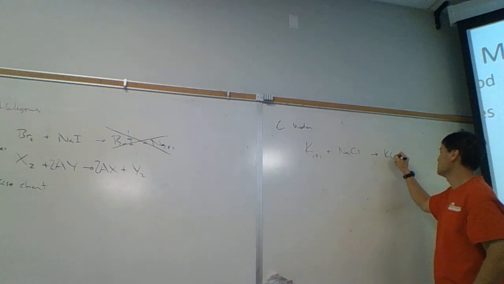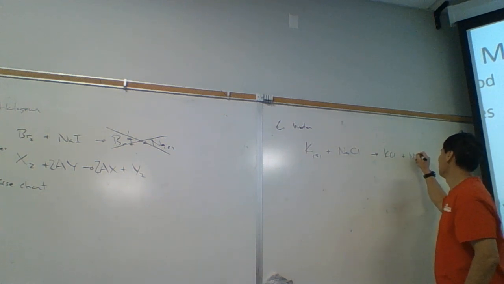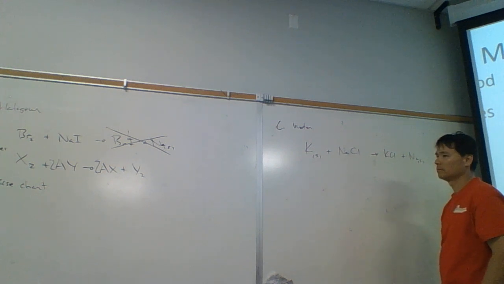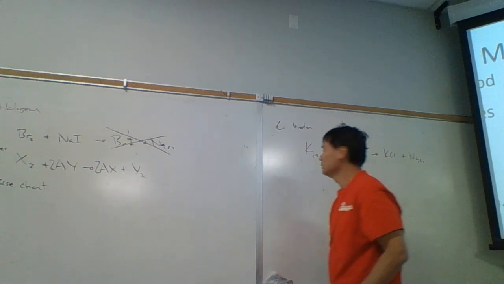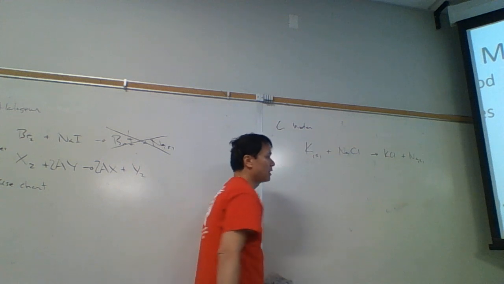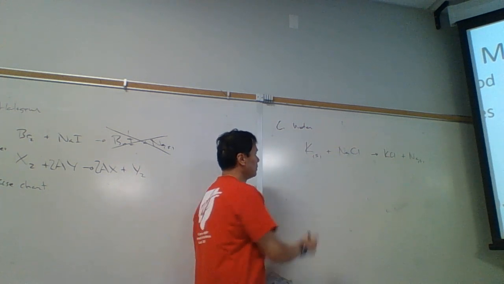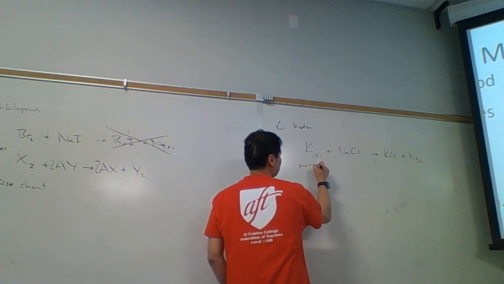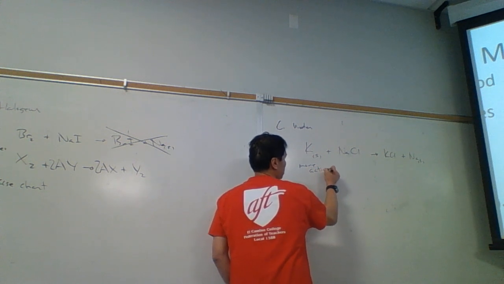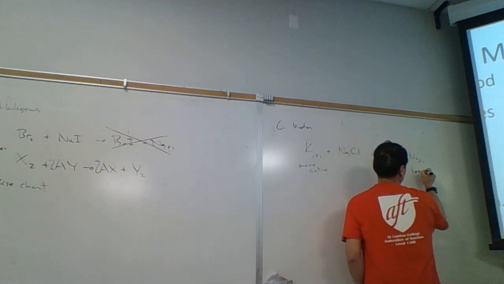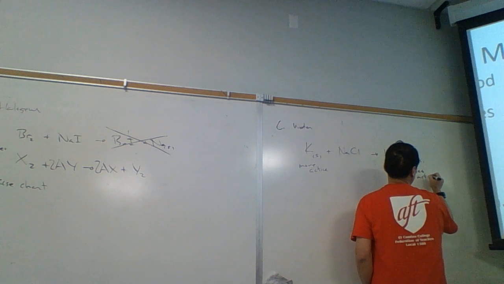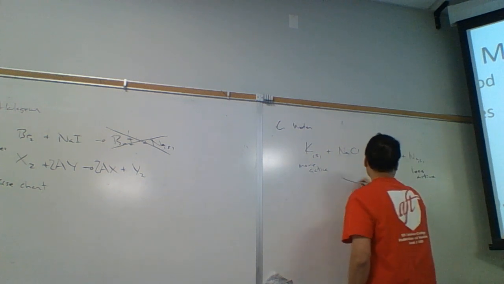We should form potassium chloride and sodium solid. On the activity series, potassium is more active, less stable. Sodium is less active, more stable. So there's driving force.